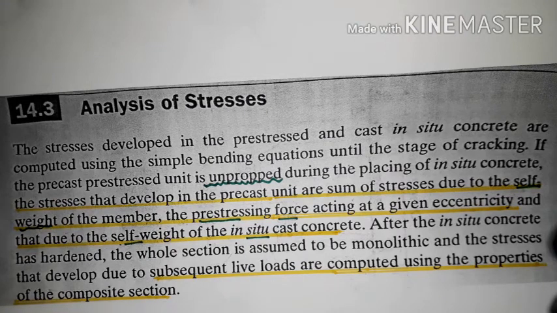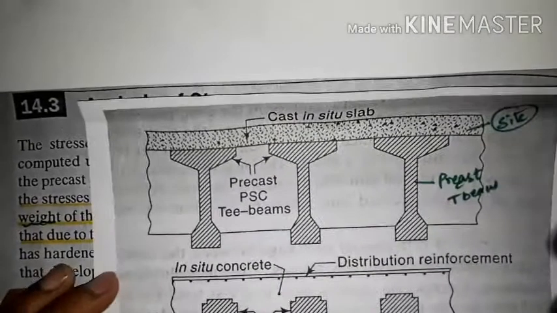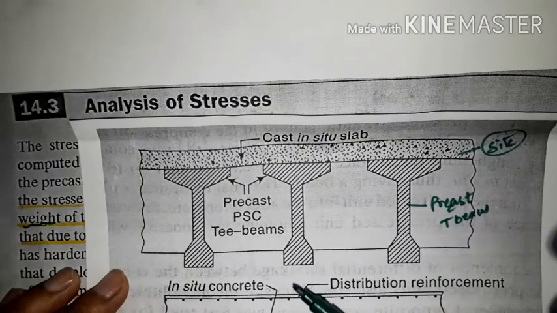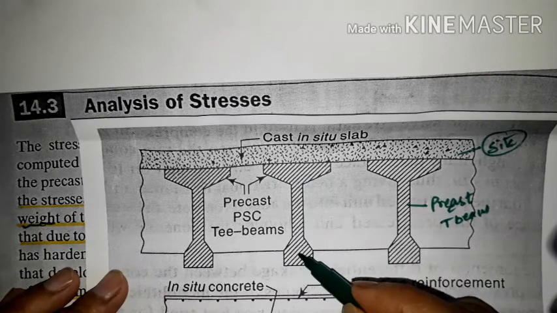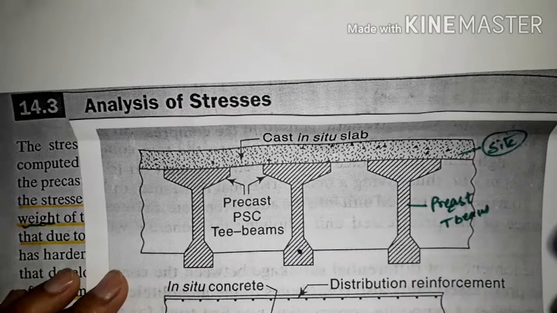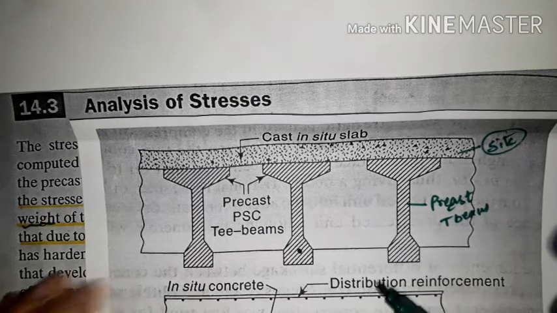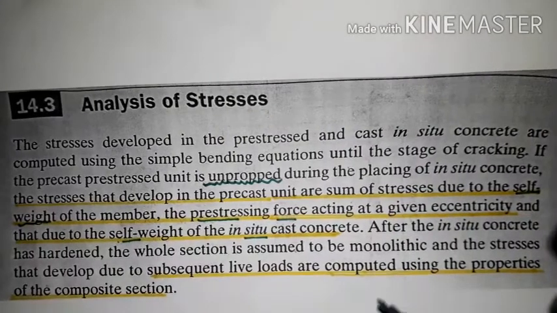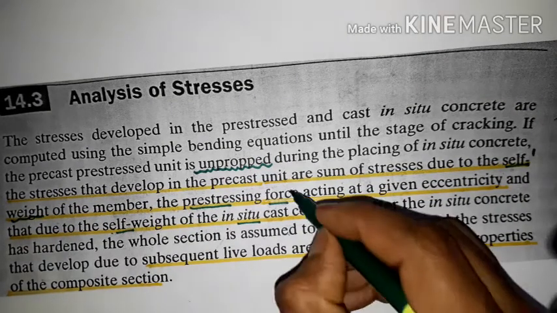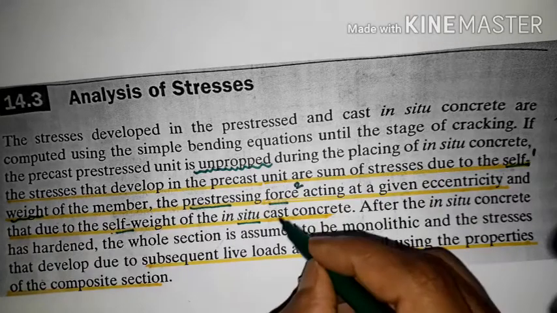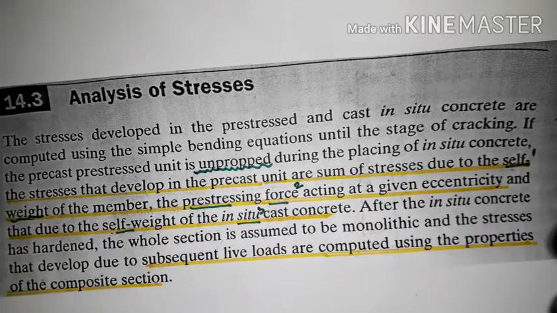For example, you have to consider the self weight of the girder, the pre-stressing provided, plus the self weight of cast in situ concrete. If I number them, self weight is first, pre-stressing is 2, and the self weight of the cast in situ concrete is 3. So 3 loads you have to consider for the calculation of stresses.